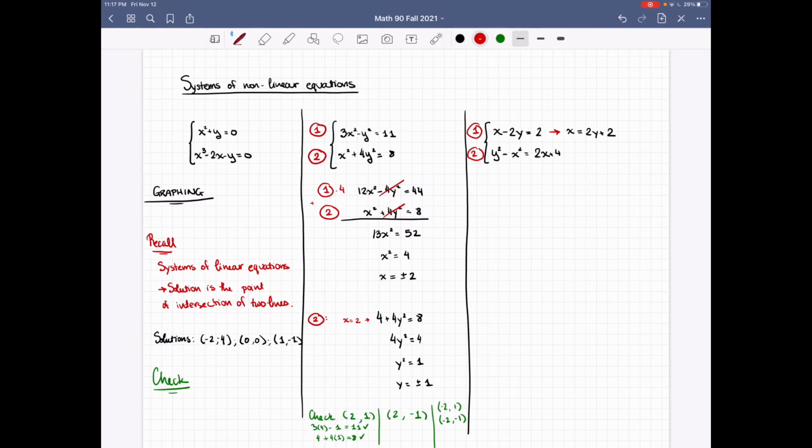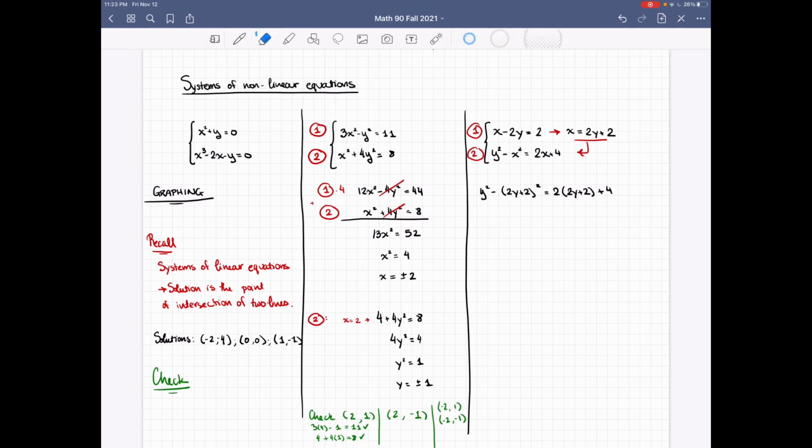And now I'm going to take that and substitute it into the second equation. So everywhere that I have an x, I'm going to replace it with 2y plus 2. So I have y squared minus (2y plus 2) squared is equal to 2 times (2y plus 2) plus 4.